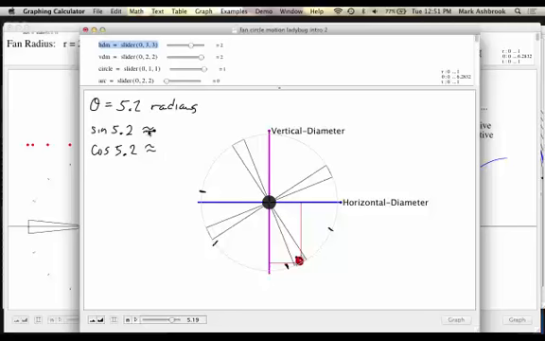So see if you can estimate the sine of 5.2 and the cosine of 5.2, which of course associates with the bug being right there on the circle. Can you estimate them? Give it a shot, and talk about it. We're estimating based on the meaning of sine and cosine.